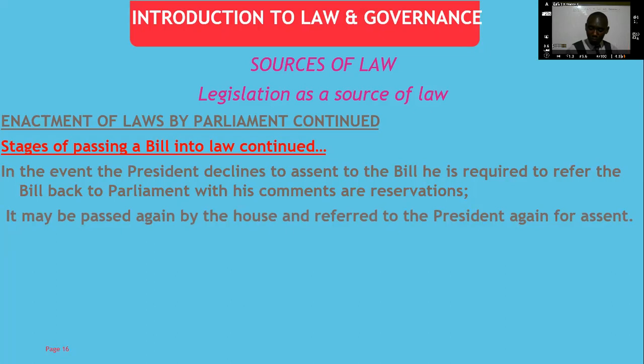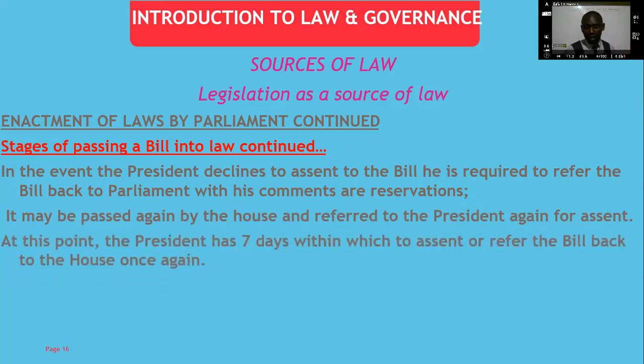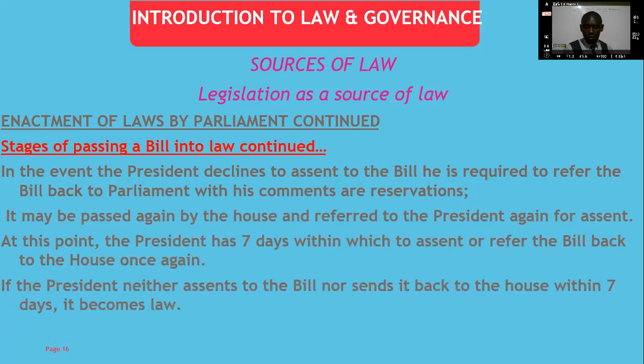However, if the House passes it again in whatever form it is, at this point the President either has 7 days within which to assent to the bill or refer it back to the House once again with his comments and reservations.